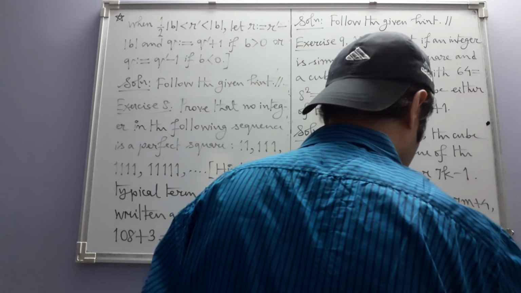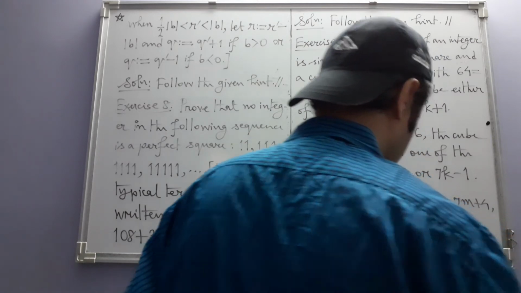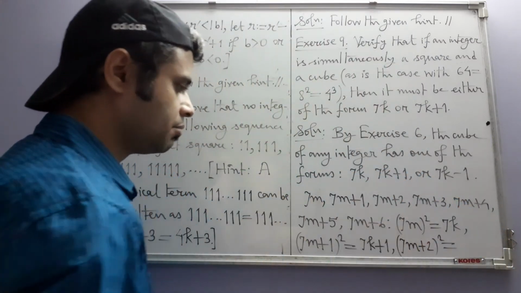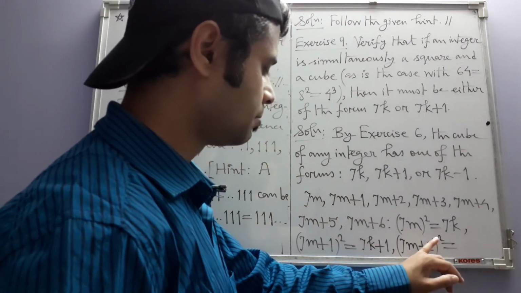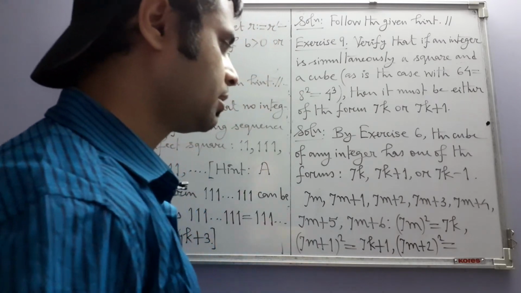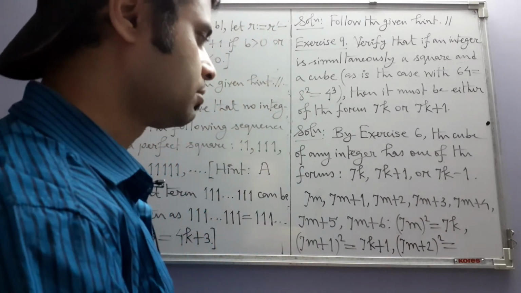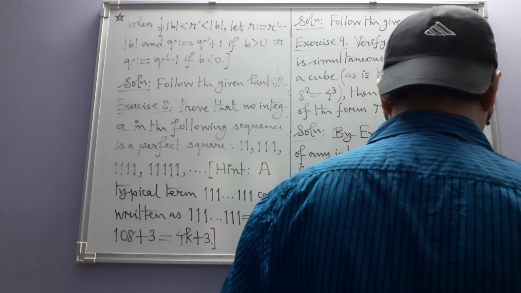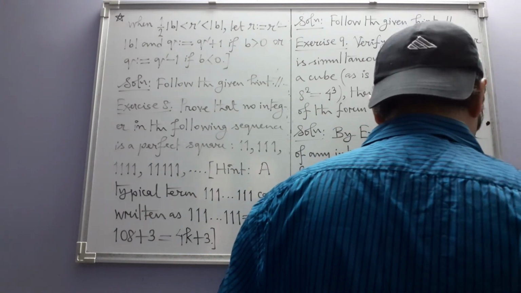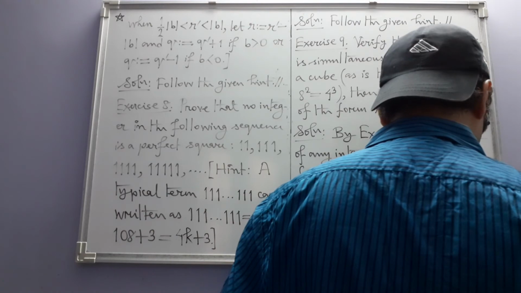7m plus 2 squared. So here we will have 2 squared is 4. So this is of the form 7k plus 4.